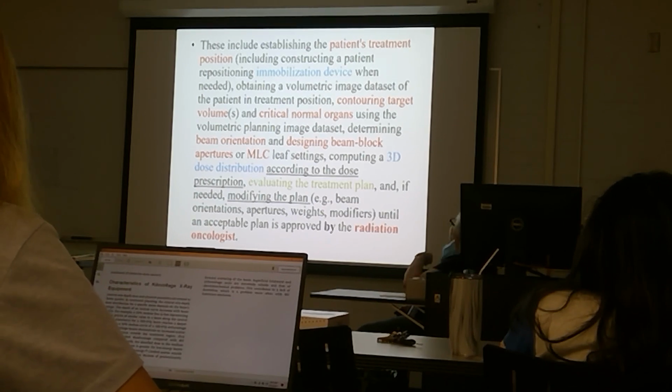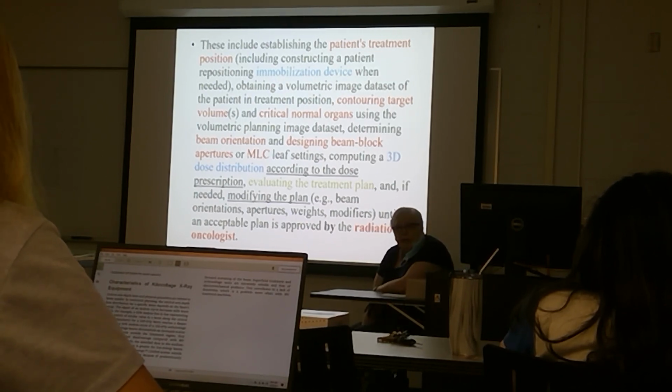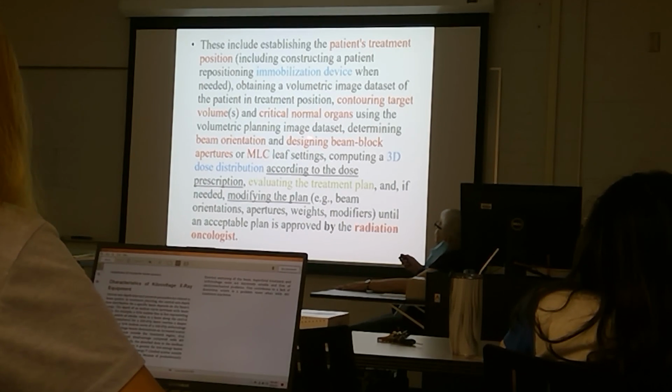So 3D establishes the treatment, patient treatment position, including constructing a patient repositioning device, so an immobilization device. That helps with 3D planning, right? Contouring target volumes, critical normal structures.